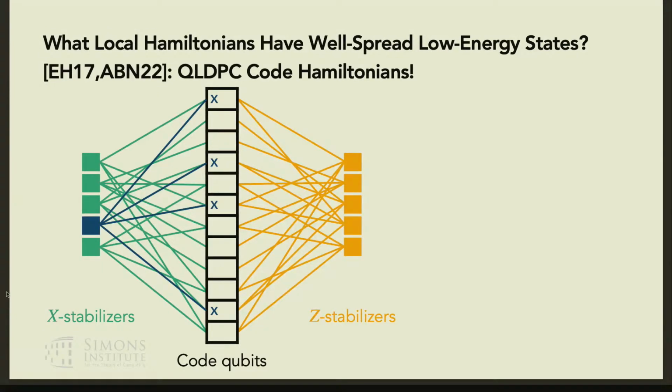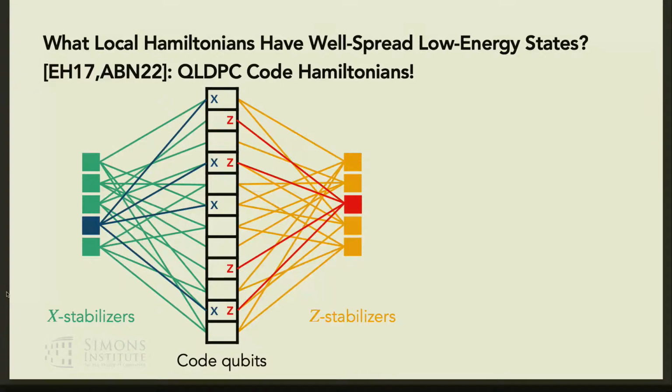So this vertex here represents the tensor product of these 4 Pauli X operators, which is an X stabilizer. This vertex on the right represents the tensor product of these 4 Pauli Z operators. It's another stabilizer. And you can see that this X stabilizer and the Z stabilizer intersect at exactly 2 points, at this point and at this point.